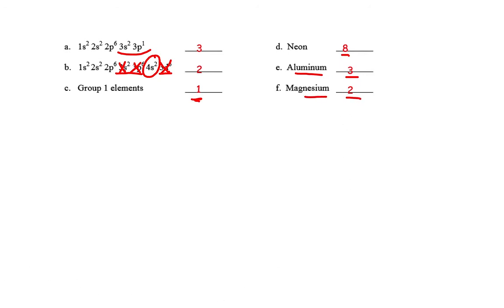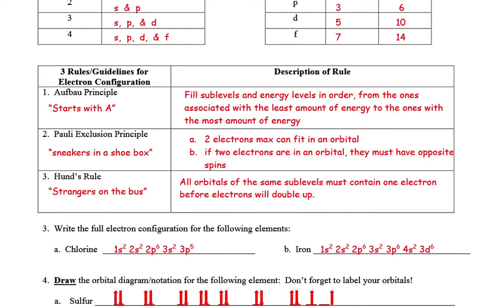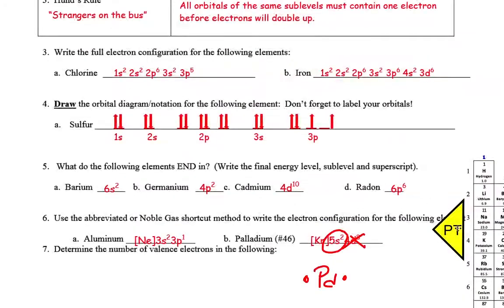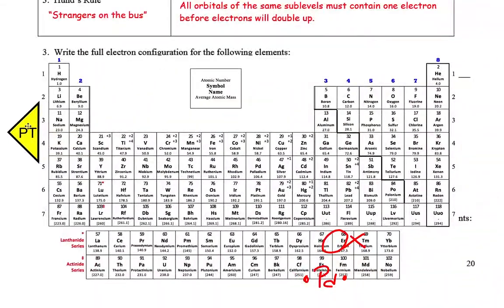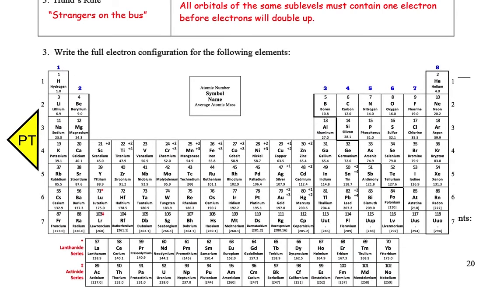So you should remember that your valence electrons match your group number for almost all, with the exception of the D block. There's 1 valence, 2 valence, 3, 4, 5, 6, 7, and 8. This guy has 2.